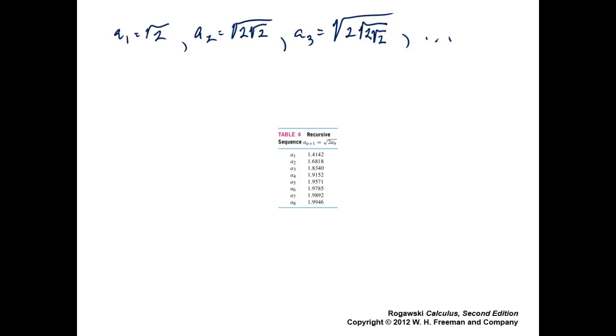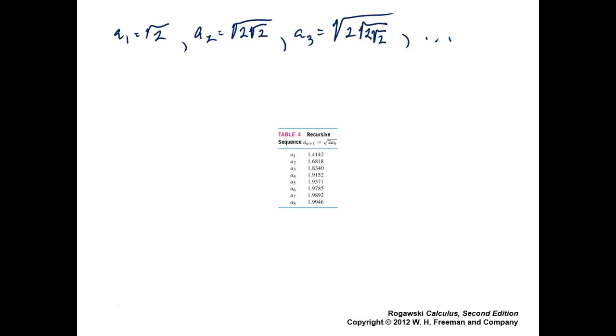The square root of something less than 4 is less than 2. So everything here is less than 2. So it's bounded from above by 2. It's an increasing function, but bounded at least by 2. So the sequence is bounded, and it's increasing.